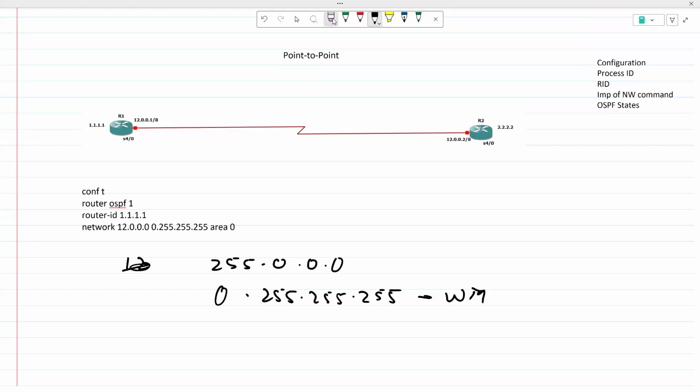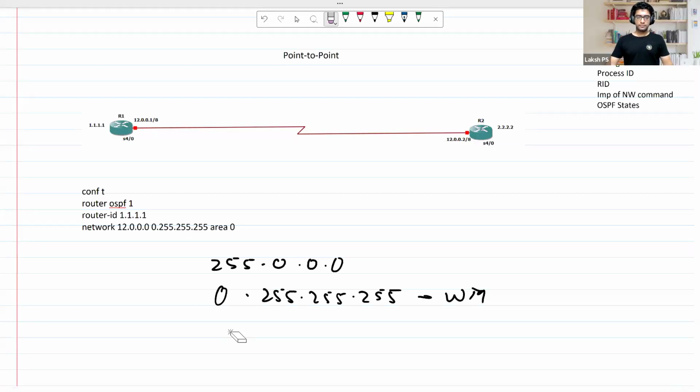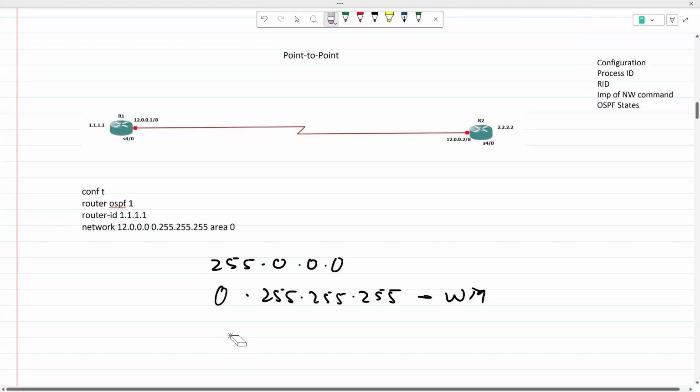I think, suppose you have given the 12 network in a /8 subnet. On my router, there are two or three more interfaces which are connected to different network devices, and suppose on that interface I have given a network of 12.0.0.0 /14 or /16, whatever network I have configured there.